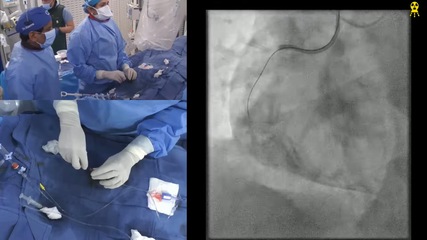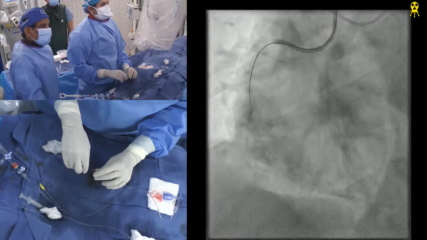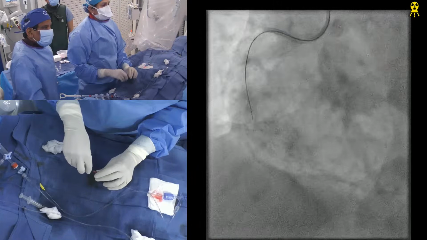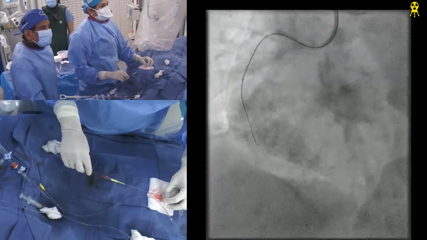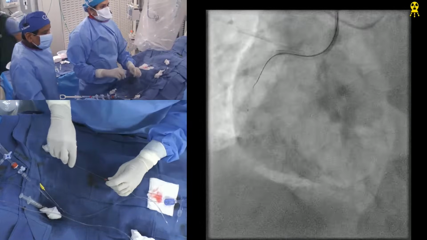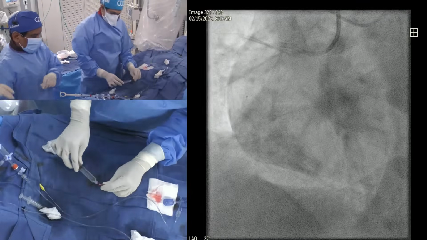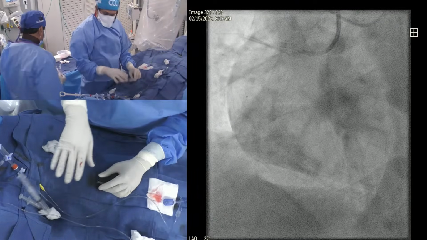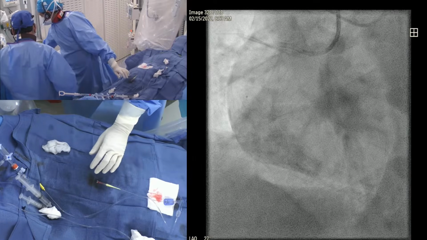I think retrograde. Other thing, we have 6 French vessels. Just try with the Fielder whisper wire now that you created. With multiple dissected channels, the whisper wire, by virtue of the quality we have seen, goes through.